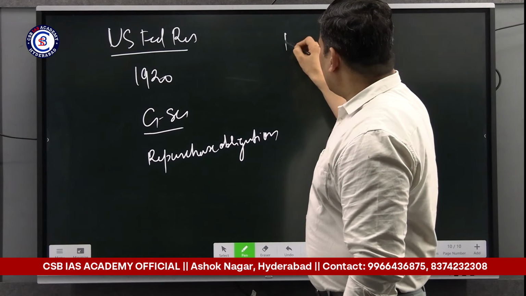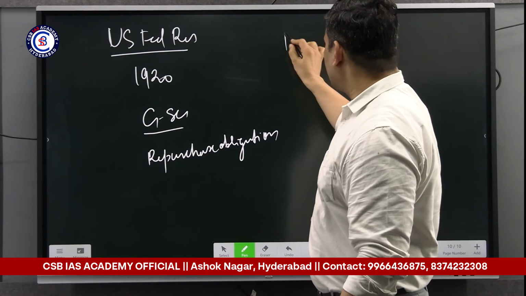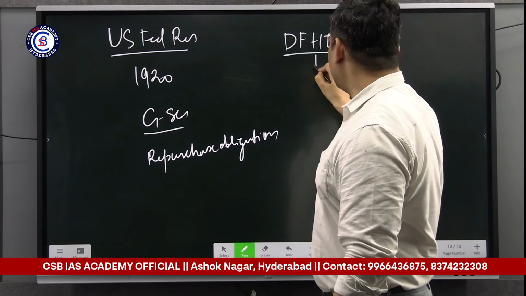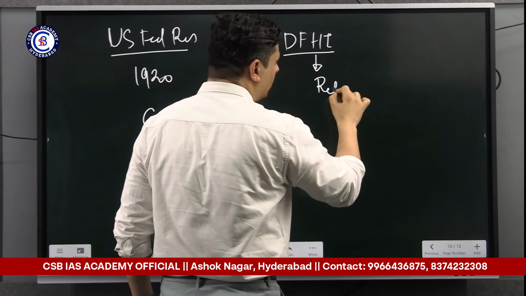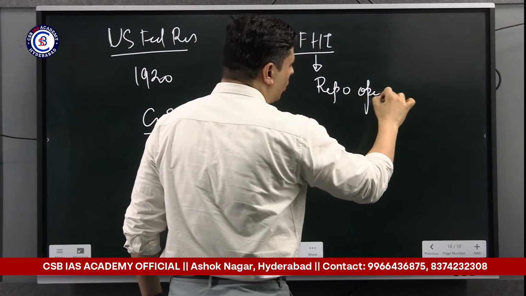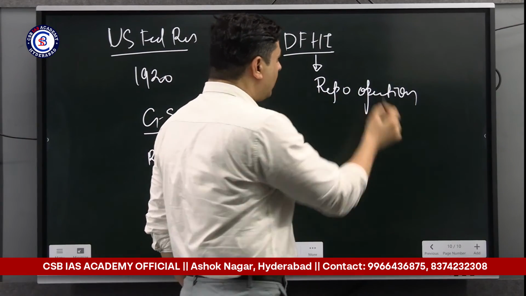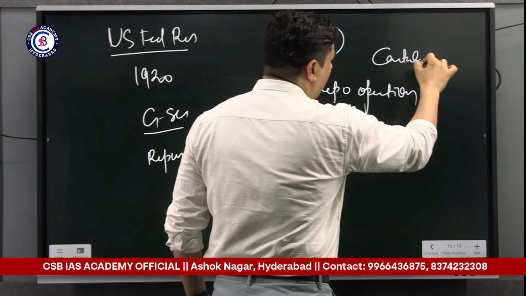Fine? RBI, in order to expand the money market in India, established DFHI, and RBI allowed DFHI to conduct these repo operations. But when RBI saw what is happening in the repo market under DFHI, cartelization is happening.